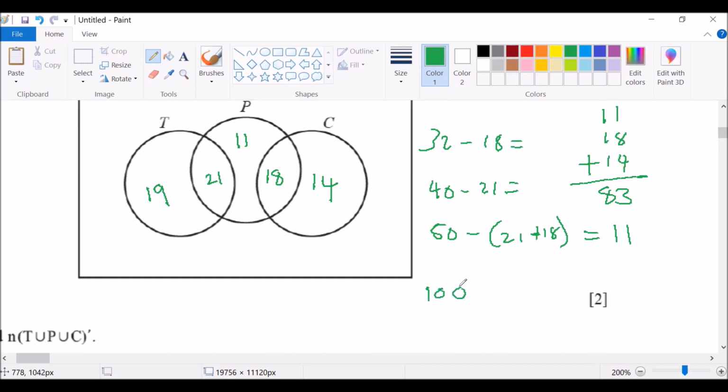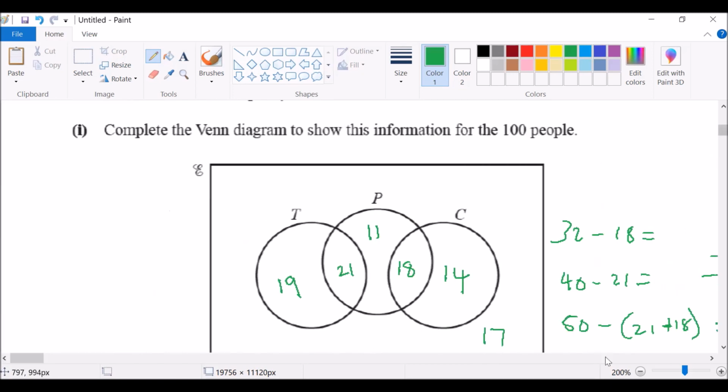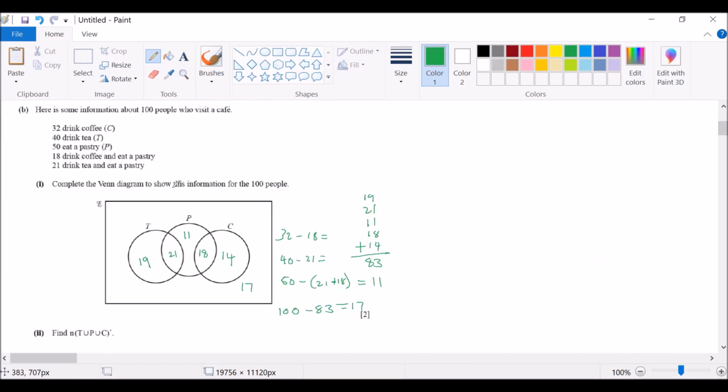So 100 minus 83 gives us 17. So 17 people did not drink tea or eat a pastry or drink coffee. So that is how our Venn diagram will look. Take care to start from inside going out. It's usually easier to build your Venn diagram that way.